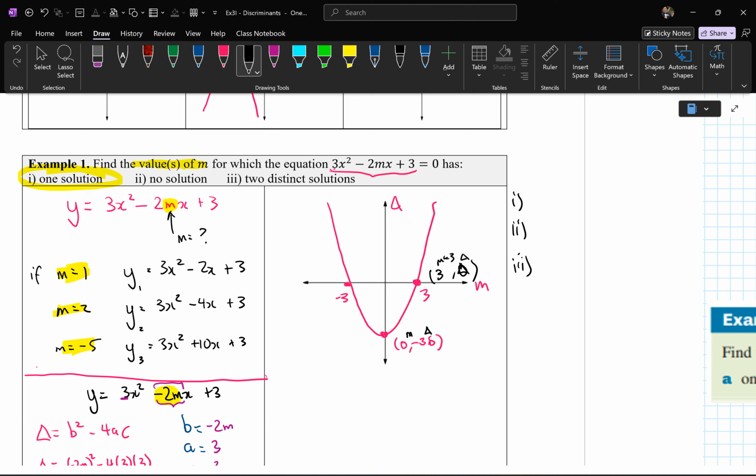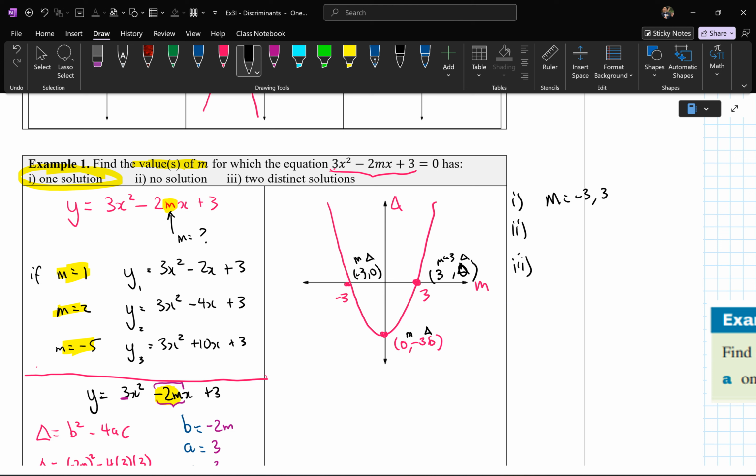And that's the coordinate for 3, 0. This is the coordinate for negative 3, 0. So this is when m is negative 3, the discriminant is 0, 1 solution. Right, so we're just looking at the coordinates. Yeah, so for the first one, you'd say when m equals negative 3 or 3, you get 1 x-intercept.